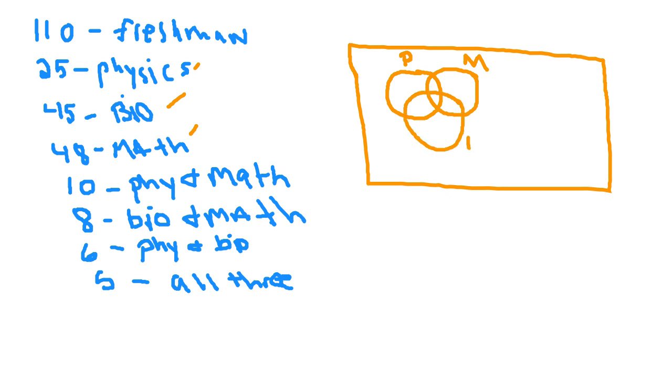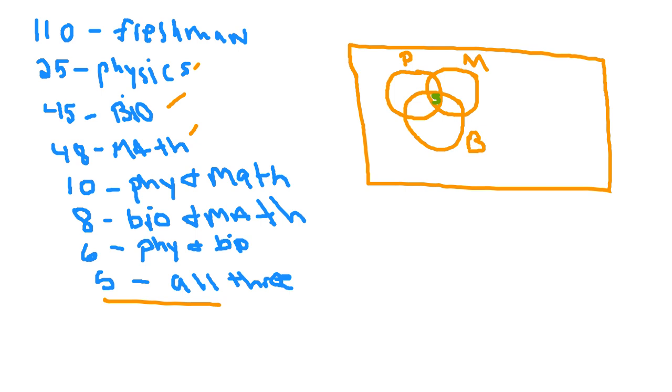In order to do this, we want to figure out if there's any information for the intersection of all 3. And they tell us 5 people took all 3. So 5 is going to go in here. Then we can do the other intersections. Let's look at physics and math.